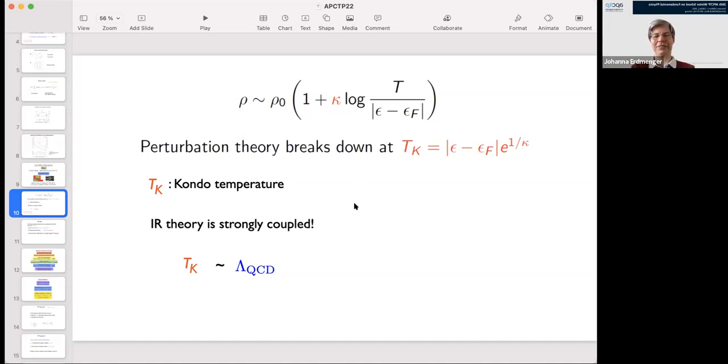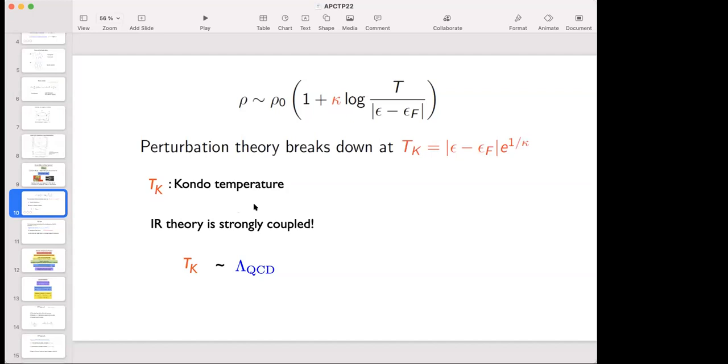If I use perturbation theory, I realize that at some scale my theory becomes strongly coupled. Okay. So that's similar to QCD. But now here on top of this, I can show that if I go to really zero temperature, then I reach a fixed point again.